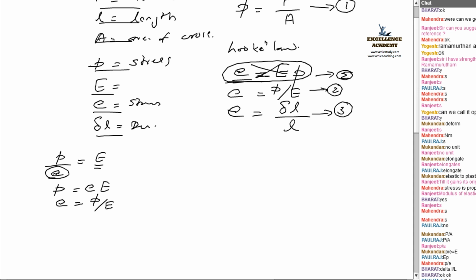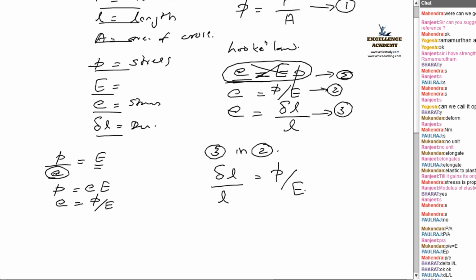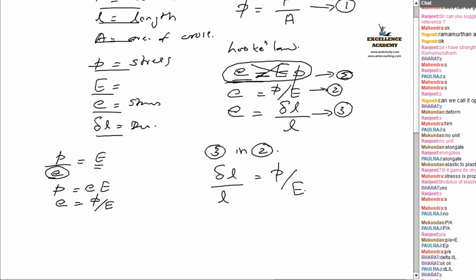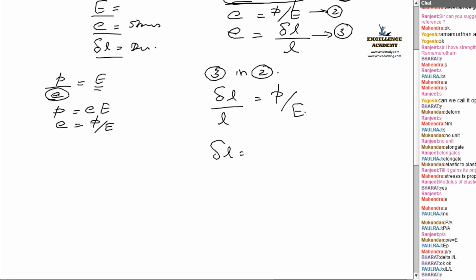Okay. Now substitute 3 into 2: delta L by L equals small p by E. Agreed? Yes. Okay. I am going to rearrange it once again. Delta L equals small p into L by E. I am going to change the stress by means of equation number 1.